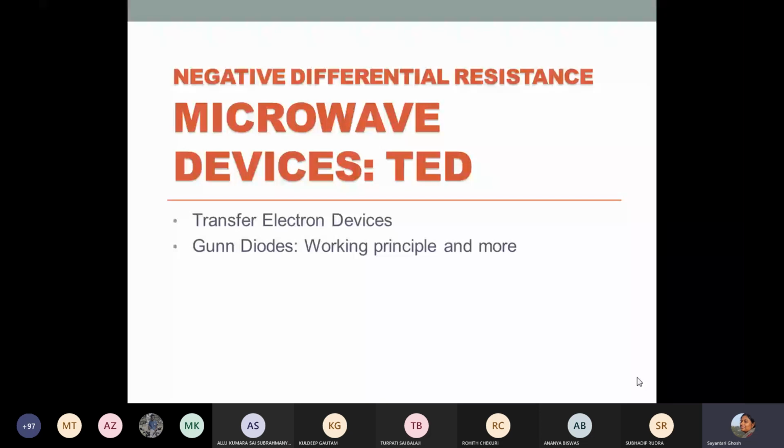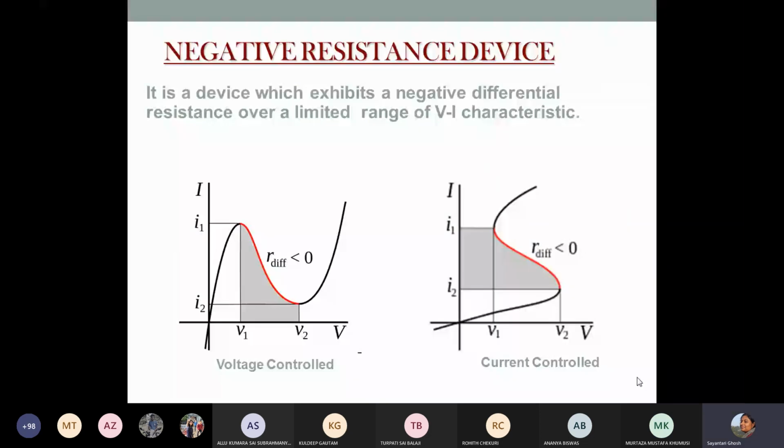Okay. Today we will discuss a little bit about the physical significance of negative resistance, and from there on we will learn about this new kind of devices which are called transfer electron devices, or Gunn diodes to be specific. When we studied the tunnel diode in the last class, we noted that in the IV characteristics of devices with negative resistance, we have an S-like structure.